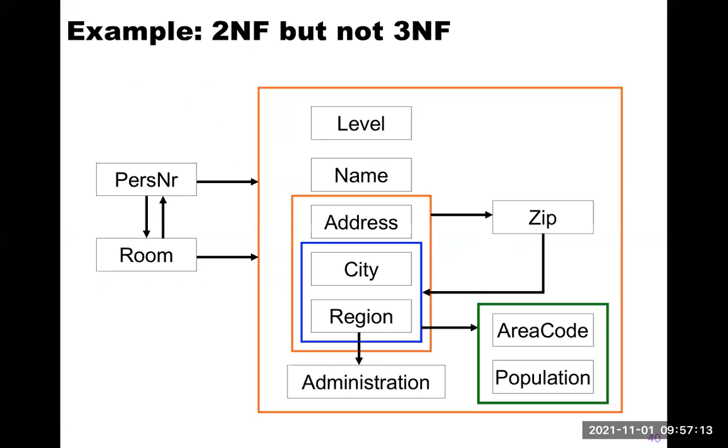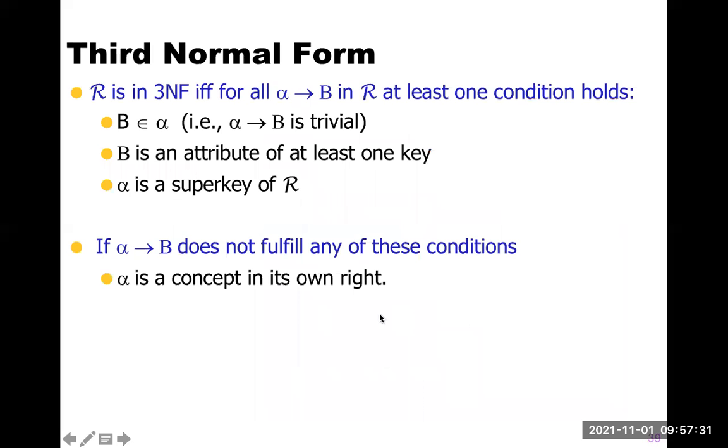If that's not a key in this table, we need to extract it and create its own table. So if we see here, let's say zip and city and region depend on it, and the key for the whole table is person, person ID, and room. So everything depends on them, and if I check this dependency, zip to city and region, I can see, oh, that's not trivial. Zip and city and region are different.